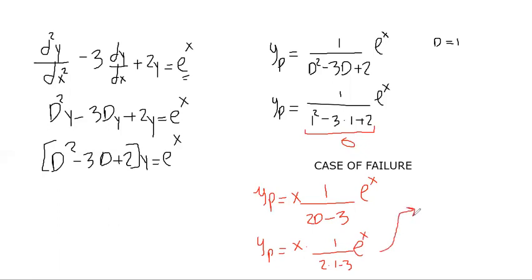So our final answer for yp is going to be equal to x e to the x divided by minus 1. And this can be even simplified more. So yp is equal to minus x e to the x. So this is how you get your answer for yp.